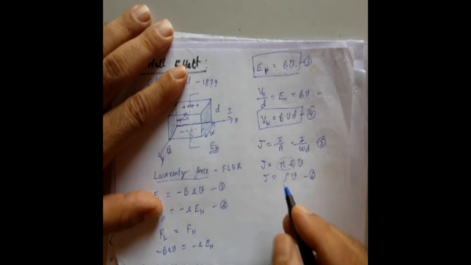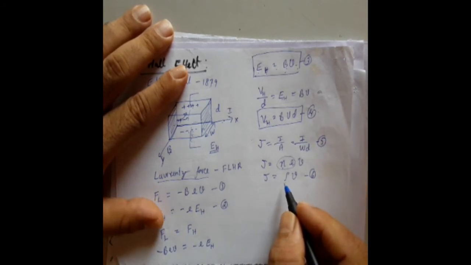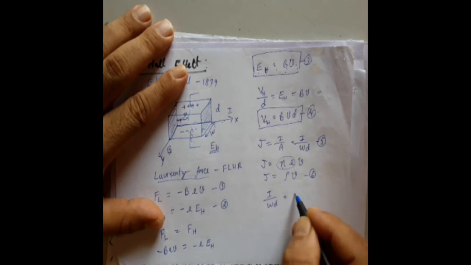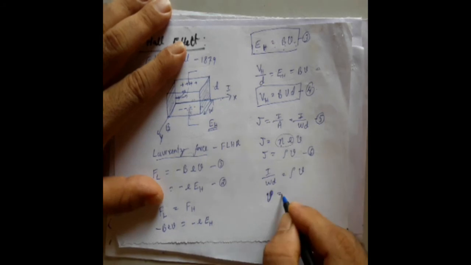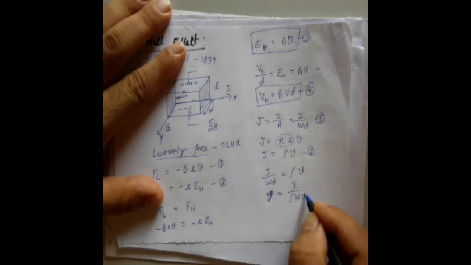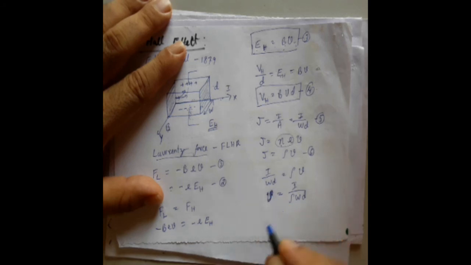Based on this equation, I divided by W d is equal to rho V. Therefore, V, the velocity with which the charges are moving, is equal to I divided by rho W d.